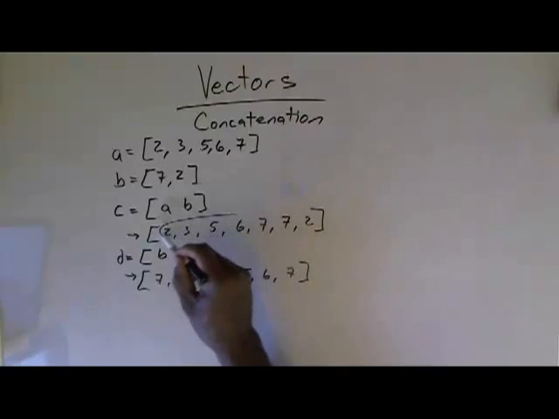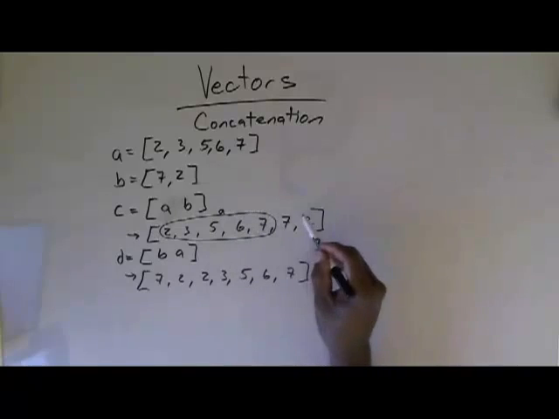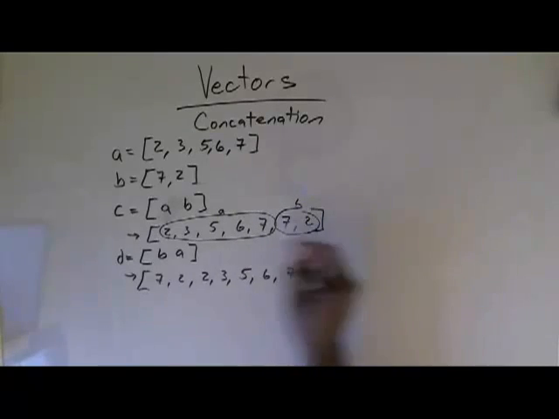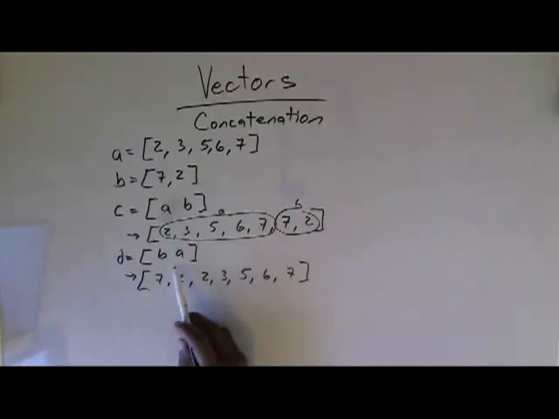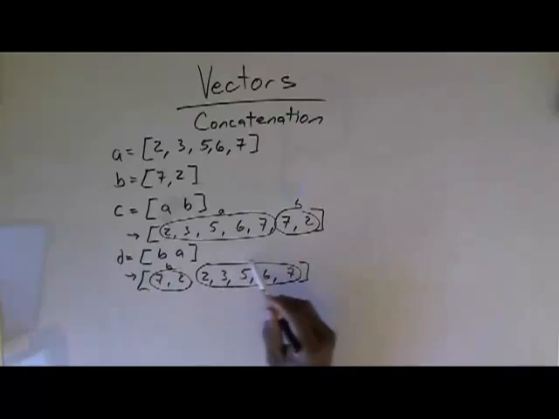These are elements contributed by A. These are elements contributed by B. Now it's all one big happy vector. Change the order here. These are now the elements contributed by B, and these are the elements contributed by A. One big happy vector. So this can go on and on and on.